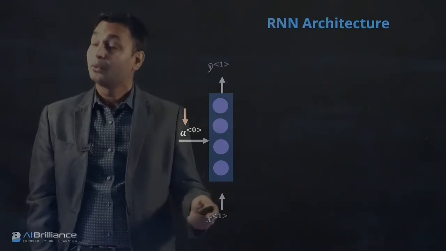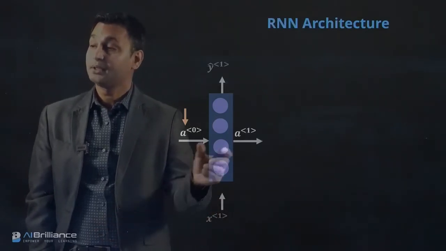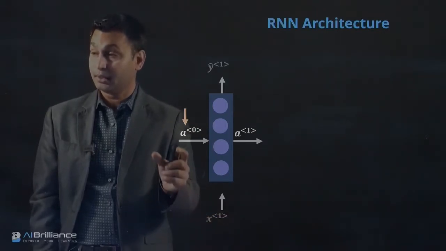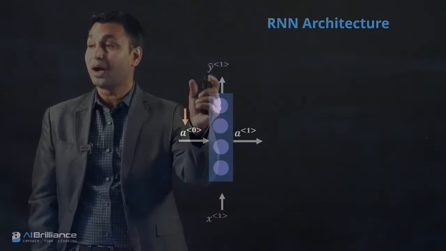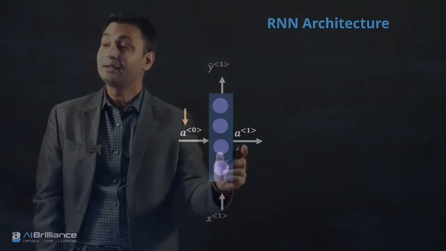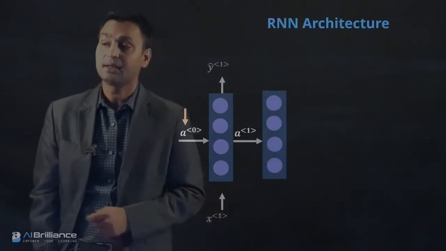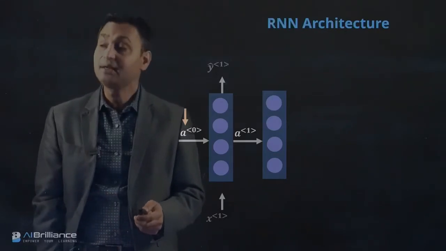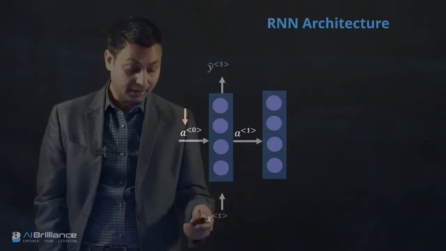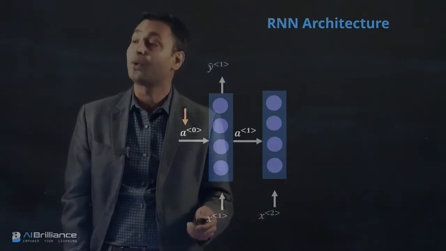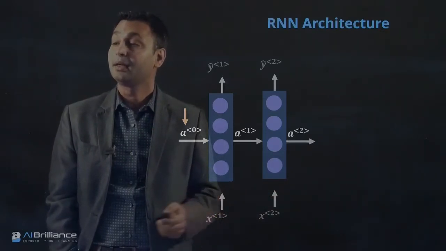This network takes two inputs, x1 and a0, and outputs two things, y cap 1 and an activation a1, which is used by the second layer. The second layer takes input A1 and the second word, and outputs y cap 2 and A2.